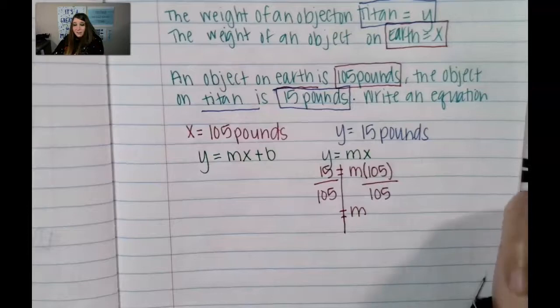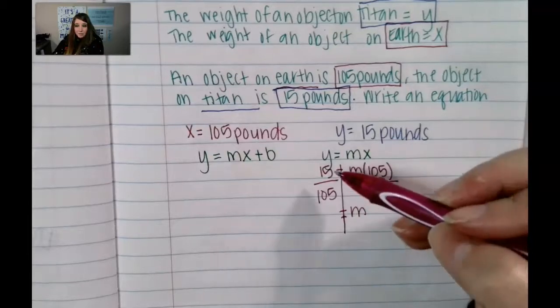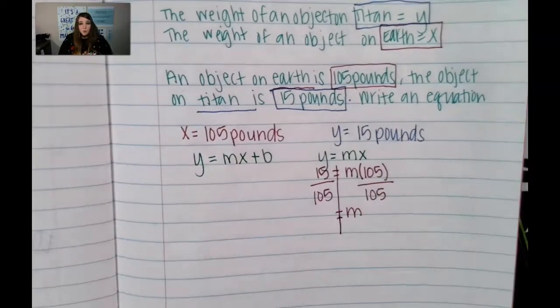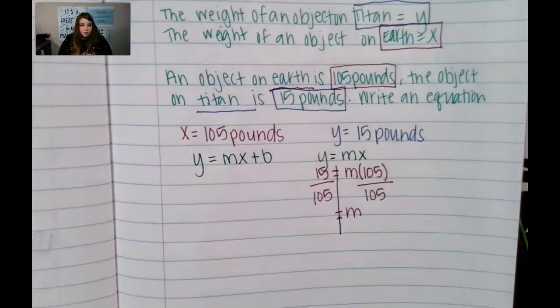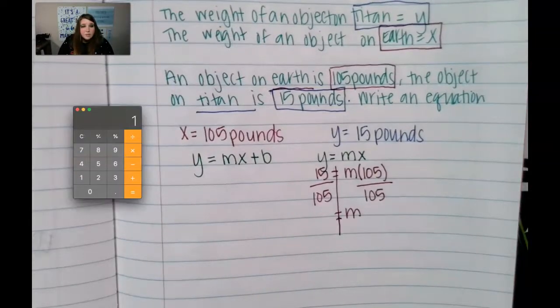Let's figure out if 15 goes into 105. I have my calculator, and I'm just going to do 15 divided by 105. Oh, let's do it the other way around. 105 divided by 15 gives us 7.